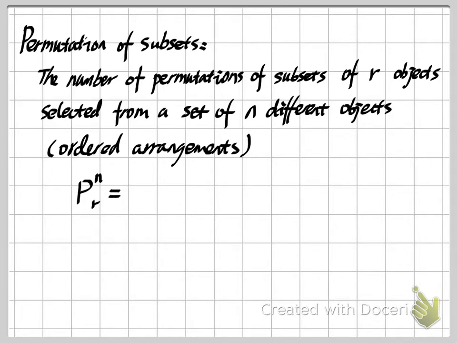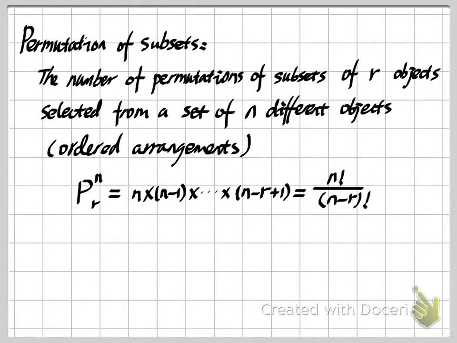The answer is n times n minus 1 times, not until the number 1, but until n minus r plus 1. In fact, if you're familiar with factorials, this is n factorial divided by n minus r factorial. Okay, so this is the answer for the permutation of a subset.